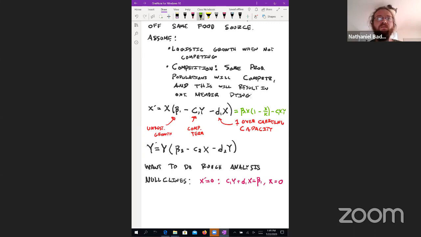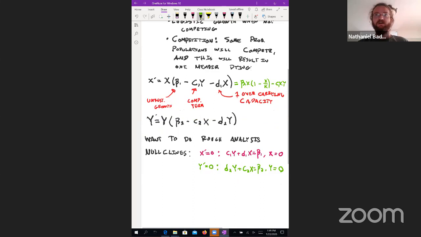With the third one being, I think we should get 4 between all of them. So here we're going to get y equals 0, and then we're also going to get our d2y plus c2x equals beta 2.